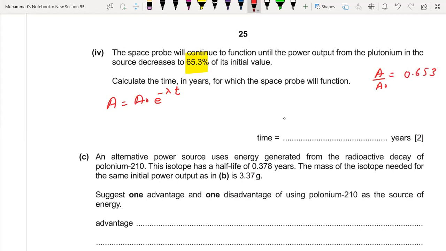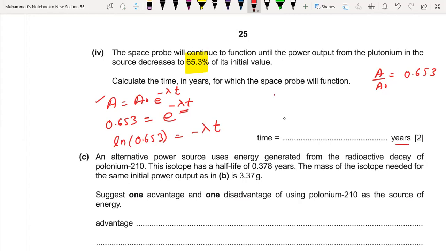is 0.653. So bring this over here and we will get 0.653 is equal to e power minus lambda t. So take ln: ln 0.653 is equal to minus lambda t. Ln e is 1 and the power comes down. We need time in years, so we have to put lambda in years.